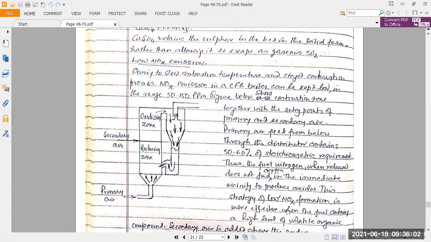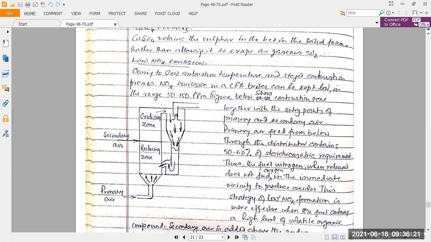This nitrogen in the combustion chamber is not normally oxidized to NO2 at the relatively low temperature of CFB combustion. So, after the sulfur dioxide production, we had the nitrogen production inside the furnace itself.